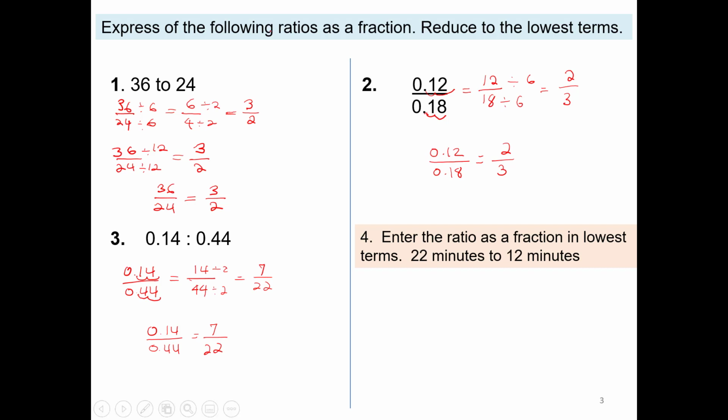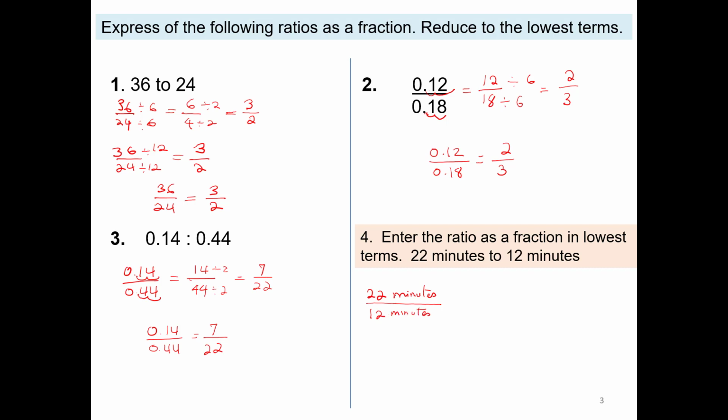Now we want to express this ratio as a fraction in the lowest terms: 22 minutes to 12 minutes. In this case, we had the same units. We had 22 minutes over 12 minutes.